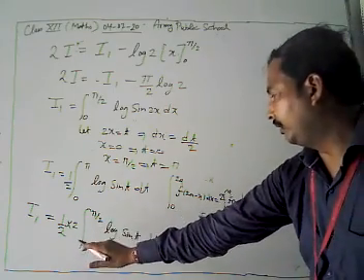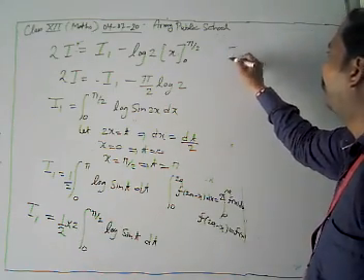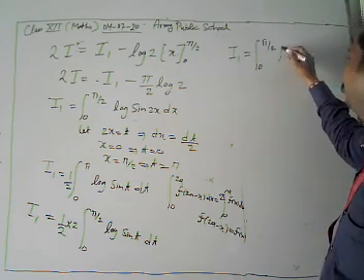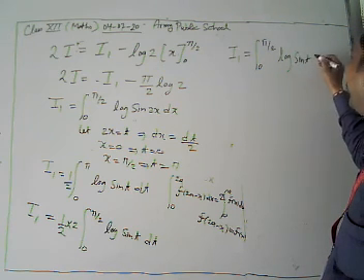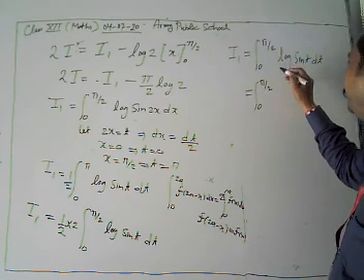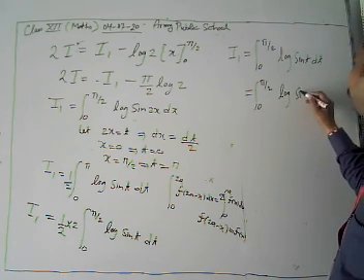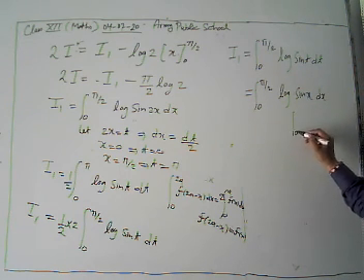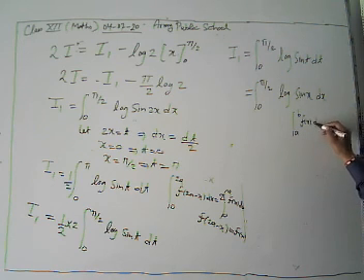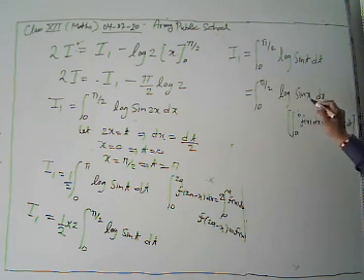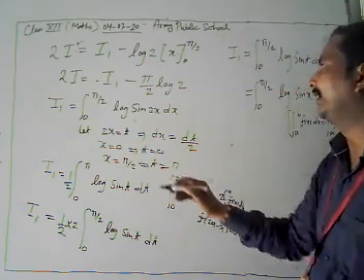In I1, 1 by 2 into 2 cancels out, and our I1 is now equal to 0 to pi by 2 log sin t dt. Now it can be written as 0 to pi by 2 log sin x dx. Here we are using our first property, integration over a to b fx dx equals integration over a to b ft dt.